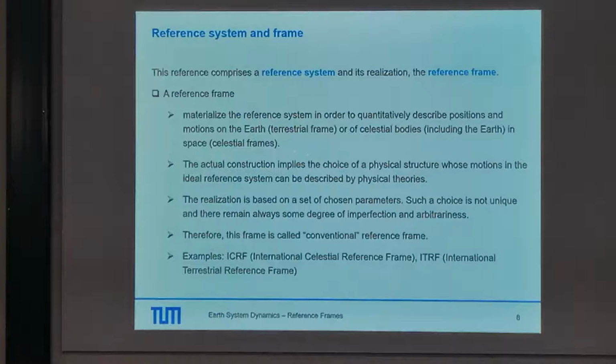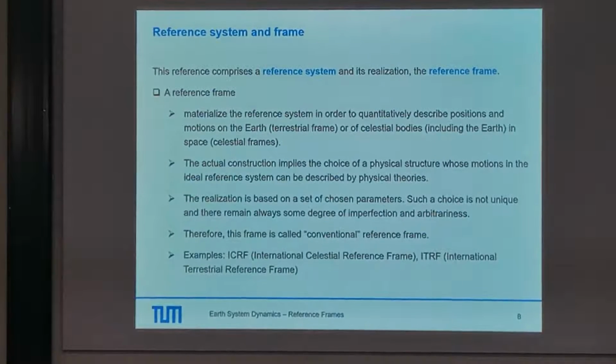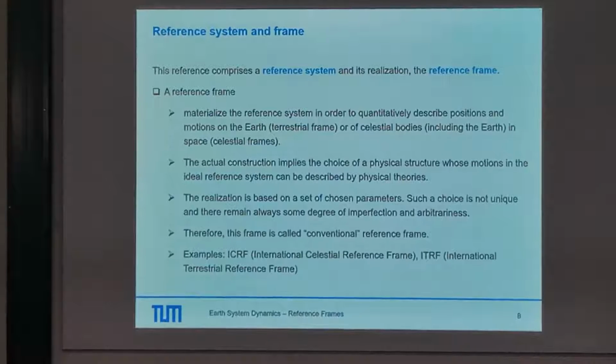The actual construction for sure implies a choice of a physical structure whose motions in the ideal reference system can be described by physical theories. For example, we have the solar system and the planets, which follow physical laws or celestial mechanics. That is the physical background. The realization is based on a set of chosen parameters.